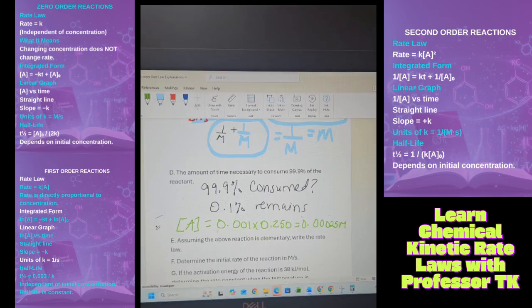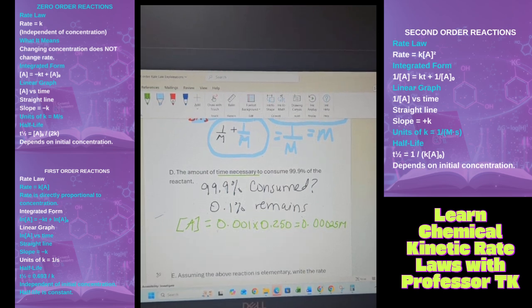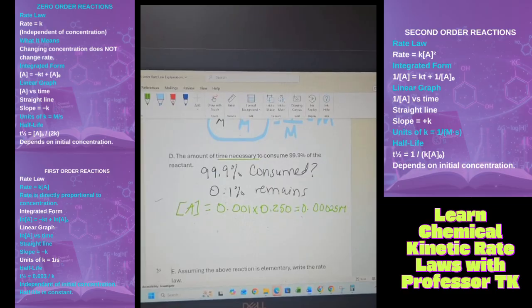So now we're still not done because they're asking you for the time. It says the time necessary. These problems give you multiple steps that you have to go through to get to the final answer. So we're almost there.